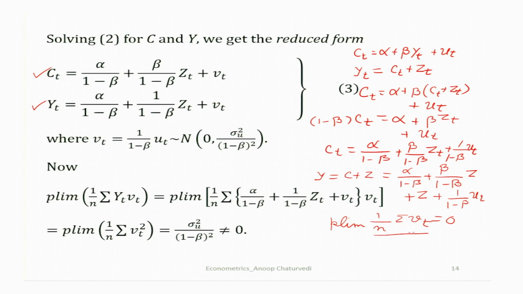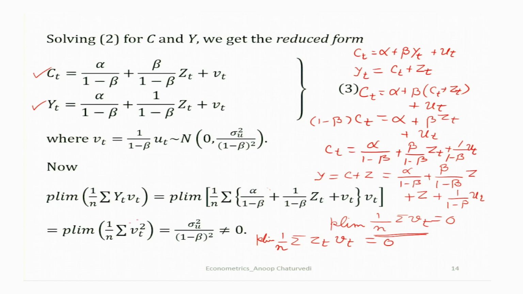So, this tends to 0 in probability. So, the first term has probability limit 0, then the second term has summation z t v t, and then you are dividing by n. This also has probability limit 0.